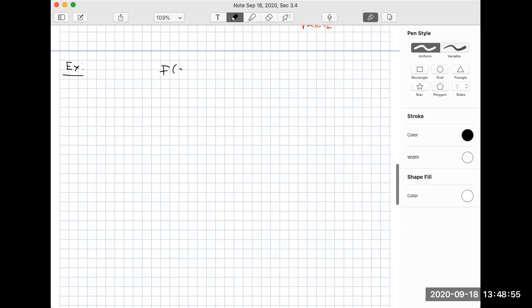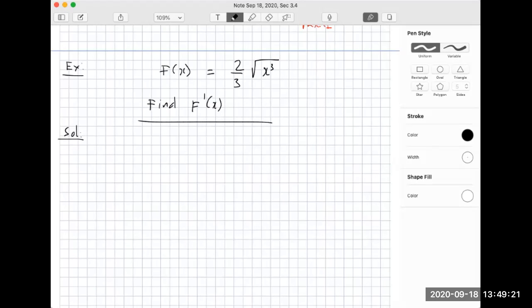Suppose we have the function f of x, which is 2/3 of square root of x cubed. We need to find f prime. Okay, now let us do it. F prime is d over dx, right?